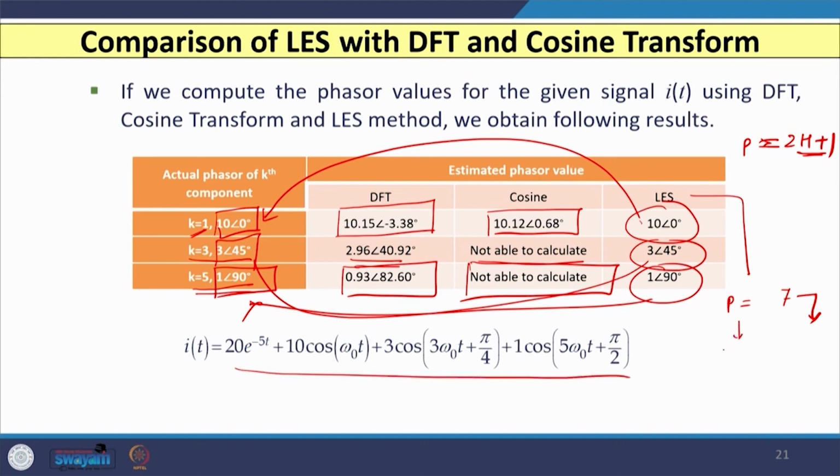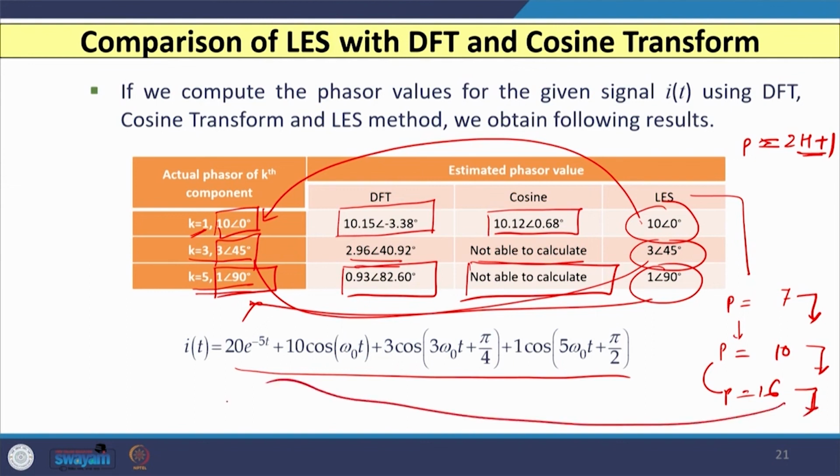Then we increased the value of p, and we considered 10, and we saw that the accuracy of the phasor values improved compared to p equal to 7, and finally we considered p equal to 16, and in that case we observed that the phasor values of all the terms that we obtain are almost equal to the original actual values.